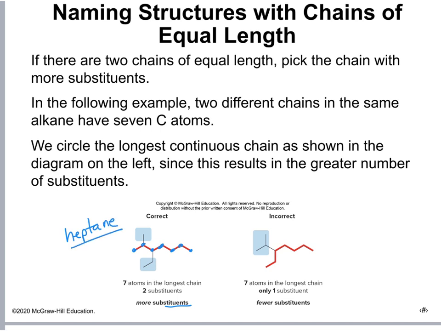These are all single bonds. And then here you have, then you got to count 1, 2, 3, 4, 5, 6, 7. You have a 2-methyl, and then you have a 3-ethyl. And so then you're going to put those together.